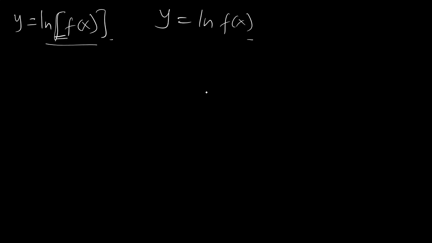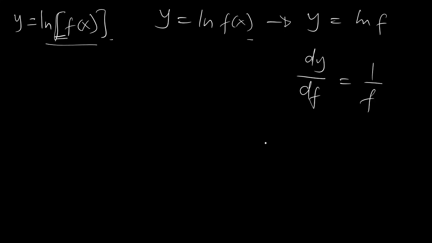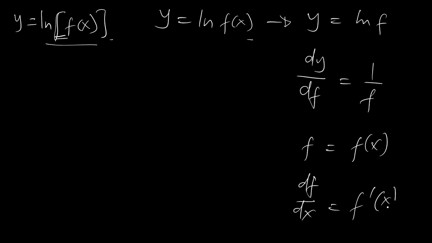So what you're going to do is, let's say you have y equal to ln f. If you differentiate this with respect to f, dy over df will be equal to 1 over f. Now if you differentiate f, which is f of x, with respect to x, you have df/dx, which is equal to f prime.